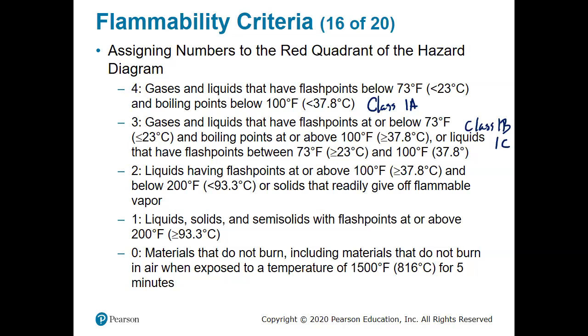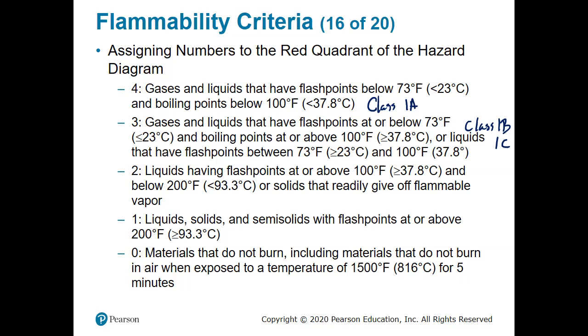The number 2 is designated for flash points at or above 100, but below 200, or for solids that readily give off flammable vapors. So notice, as we go from 3 to 2, we take out the mention of gases.